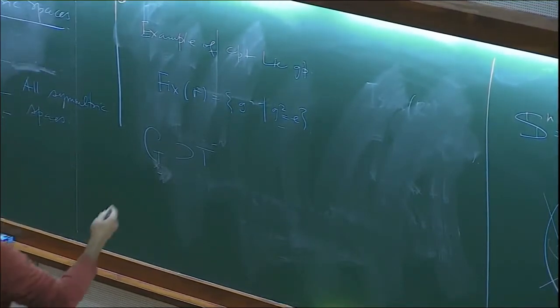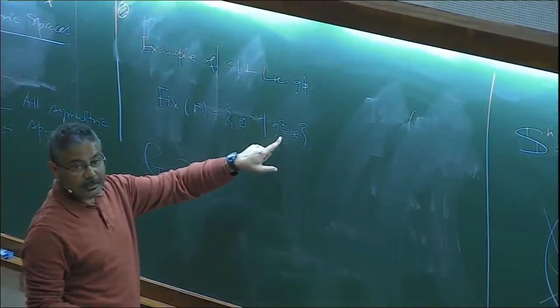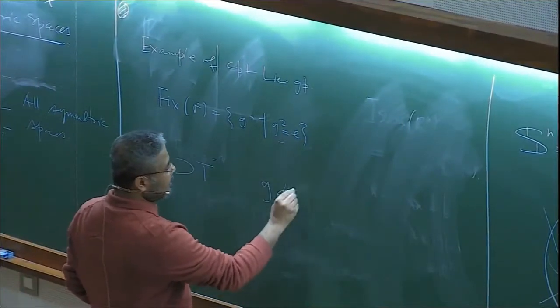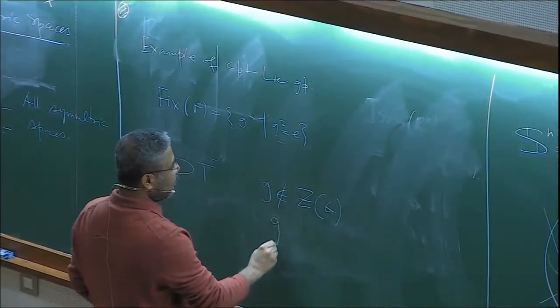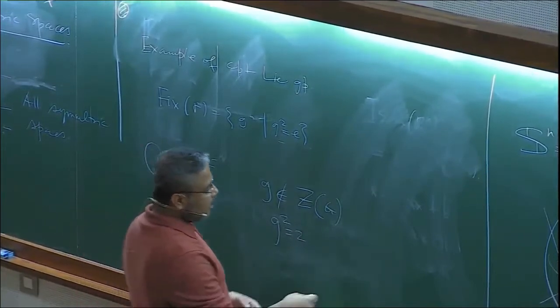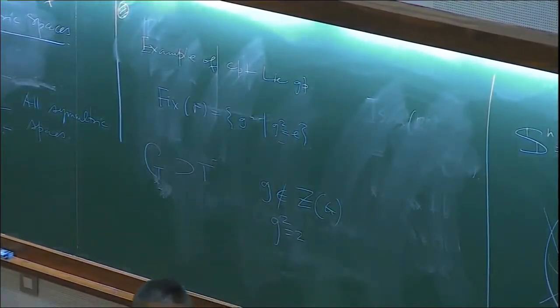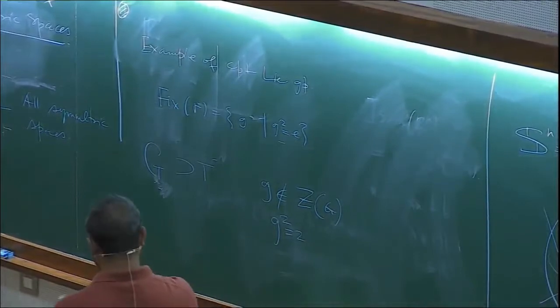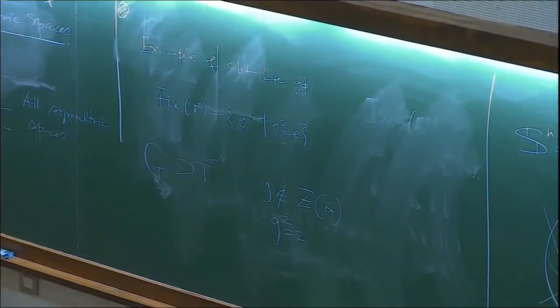You can choose an element which is non-central and whose square is 2. Choose one which is not in the center. So you take the conjugacy class, and it will contain a submanifold of positive dimension. So the fixed point set is going to contain a submanifold. Although the identity is an isolated fixed point, there is no need to assume that the fixed point set is always discrete. And such an example is possible only in the compact case.